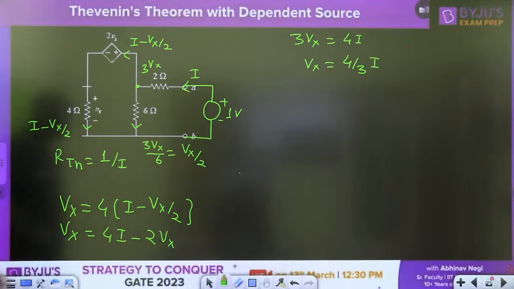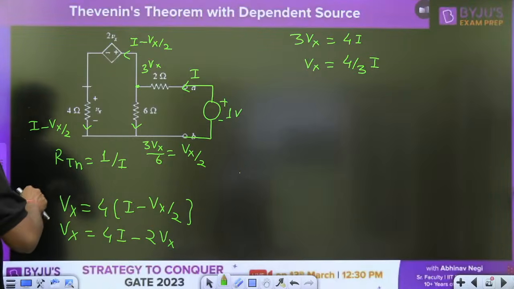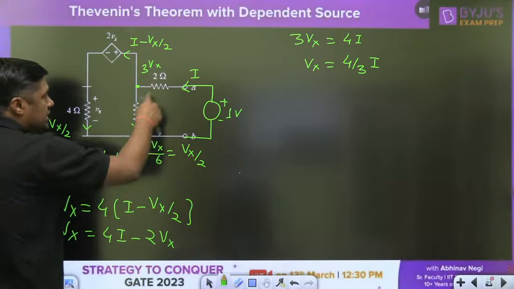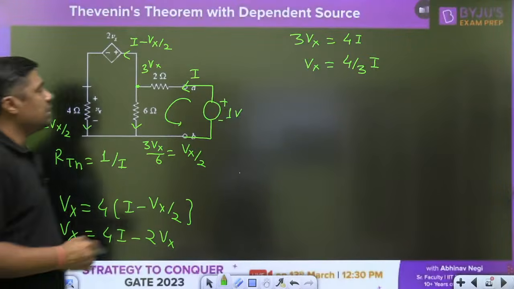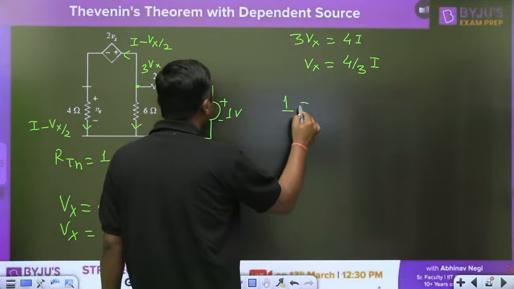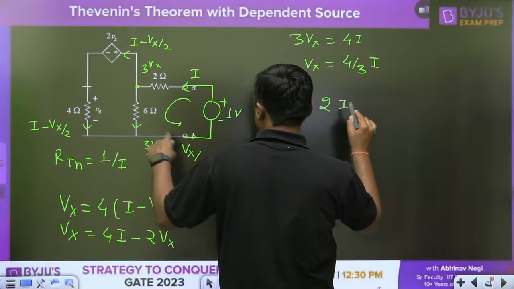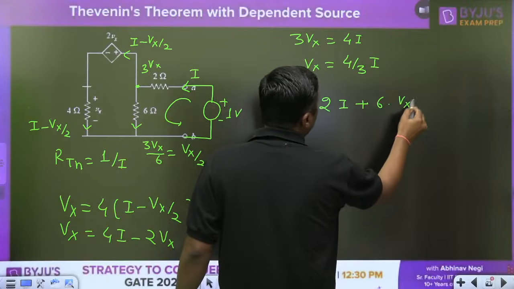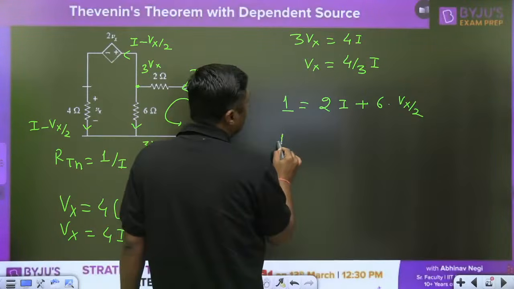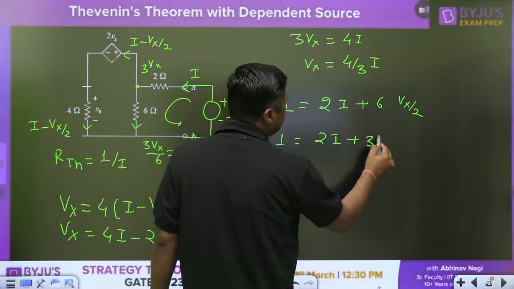This is one method. Once you get the Vx, now write one equation here. It will become 1 is equal to 2I plus 6 into Vx by 2. 1 is equal to 2I plus 3Vx.